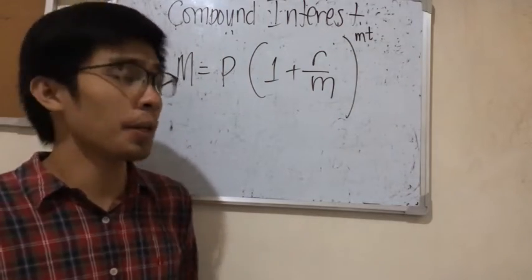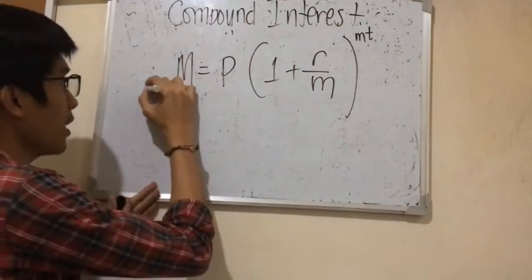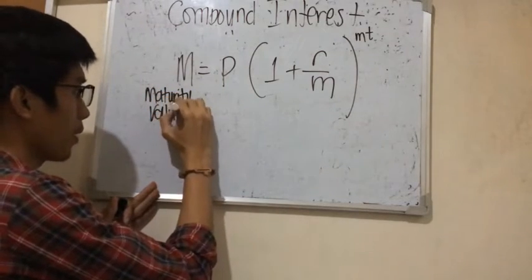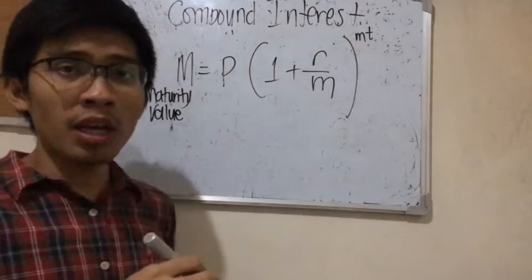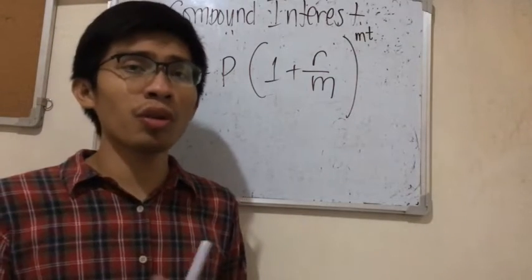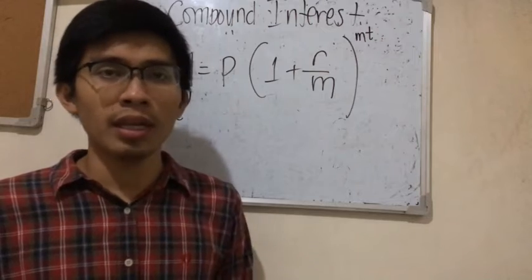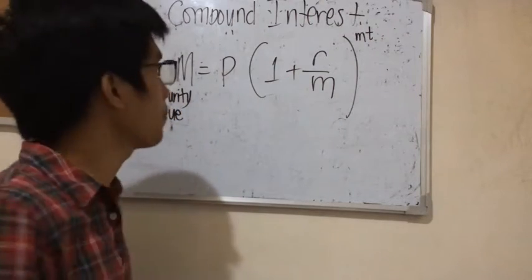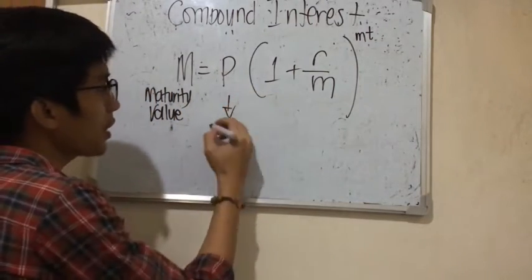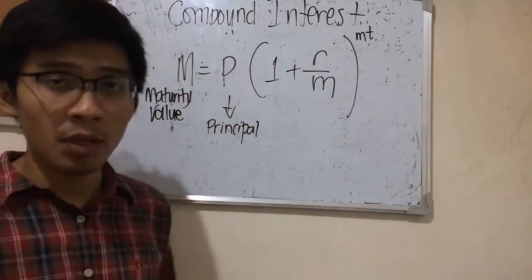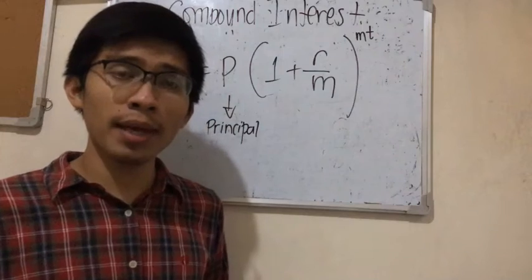Let's define each one. M here is the maturity value. In short, if you deposited, borrowed, or invested money, plus the interest of that amount, that is the maturity value. P here is your principal. What is a principal amount again?